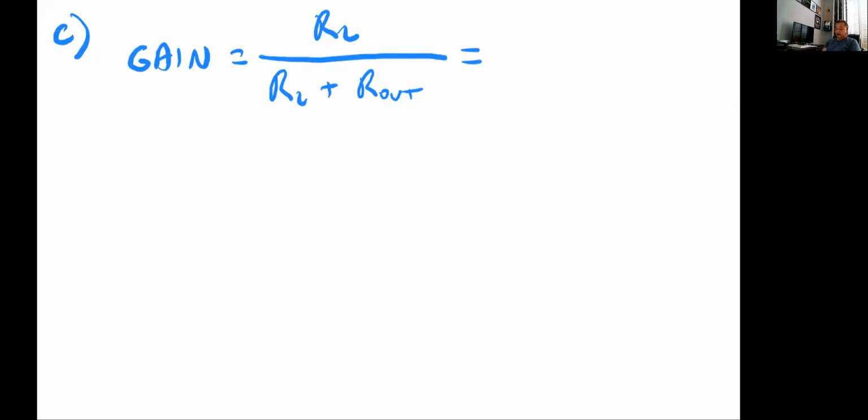And if you have a sense for the load that you need to drive, which you usually do, then you just need to ensure that the output resistance of the overall amplifier stage, R out, is much smaller, because you want to be close to 1. And the closer you are to 1, the more efficient the overall amplifier is. So we are told that the load is 50 ohms and that the target R out is 2.5 ohms.